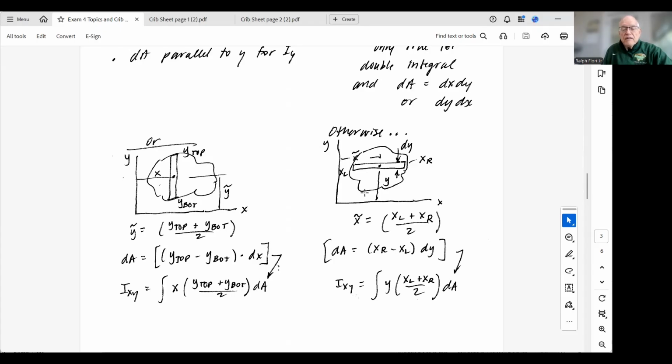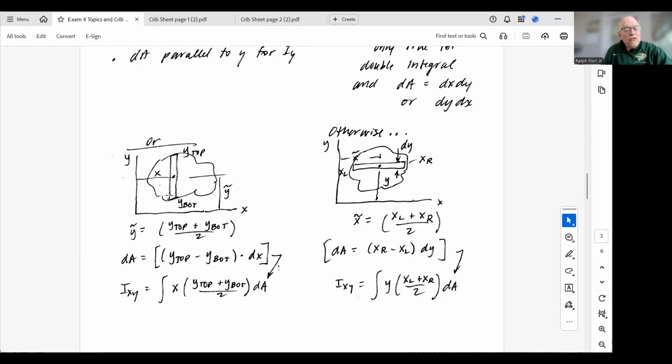For a horizontal element, the y is y, but the x tilde is not x, it's the average of x left plus x right over 2. And then times your dA, which is x right minus x left times dy. So this is not xy dA. This is y x tilde dA for a horizontal element.